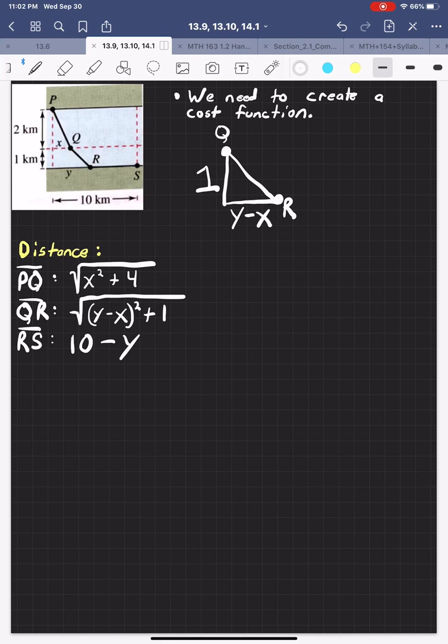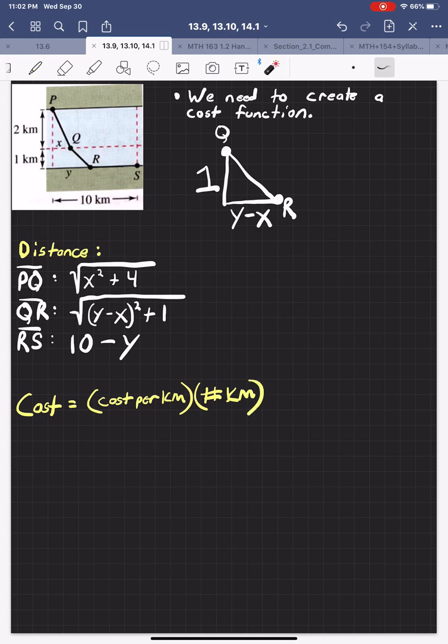All right. So, cost, right? That's the idea. Total cost is going to be equal to the cost per kilometer multiplied by the number of kilometers you traveled.